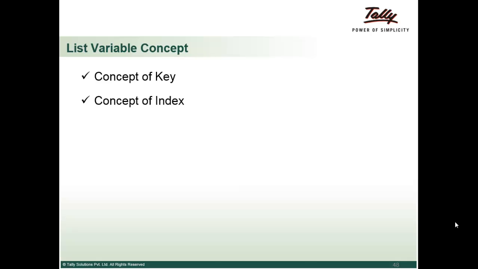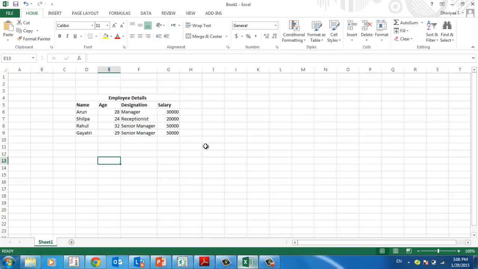Before going to this, I'll just show an example which can be used to portray the list variable. What I have done is, I have put down some employee details. I have 4 employee details, and the details about the employee are the name, the age, designation, and salary. We know that a list variable can hold a list of instances.